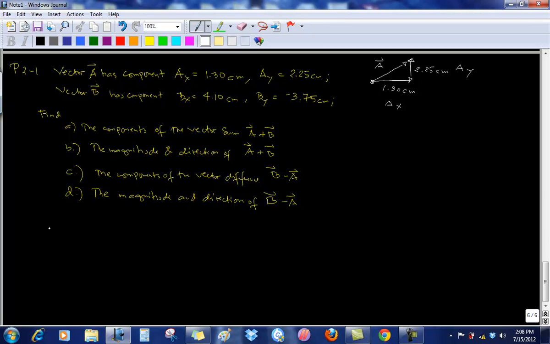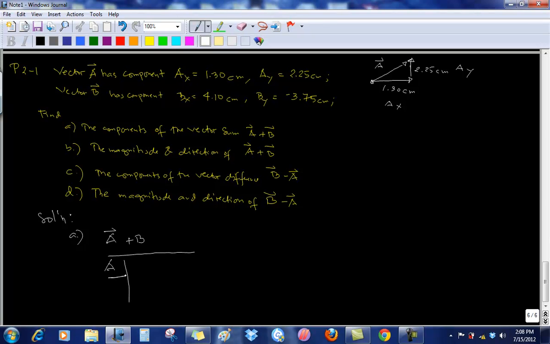So let's find the solution for problem A, A plus B. First, what is vector A? Let's draw a table for vector A.